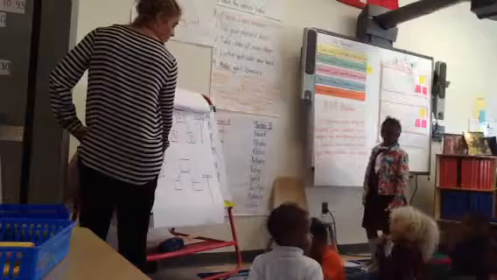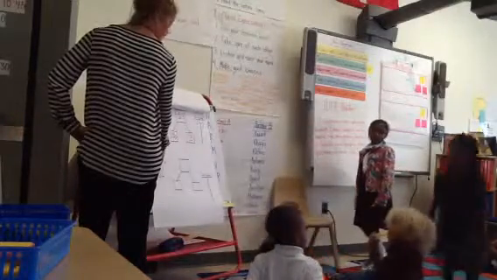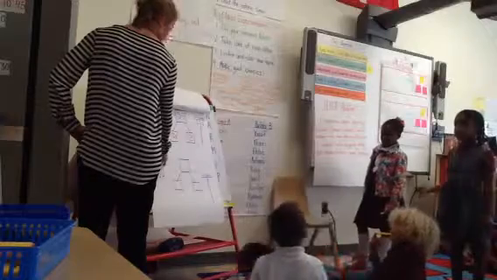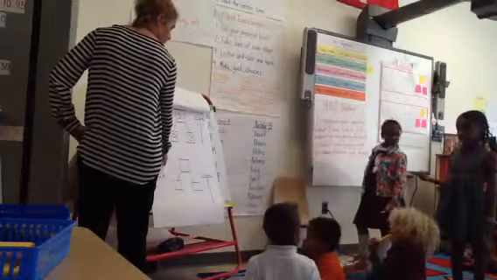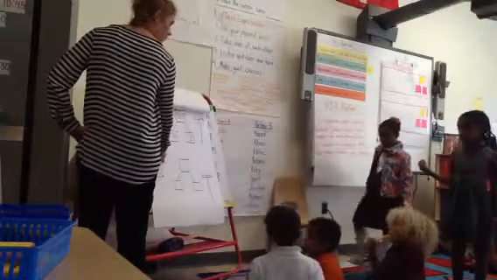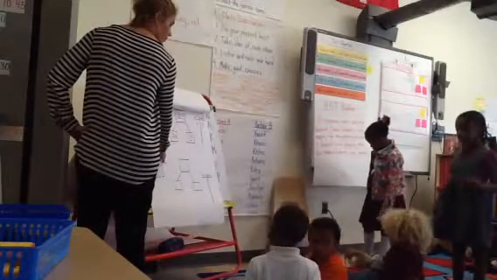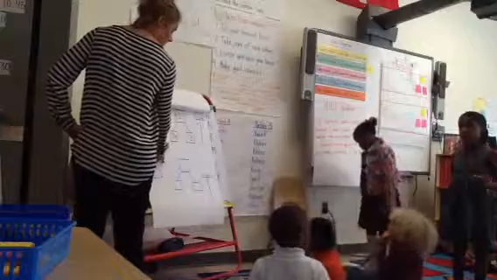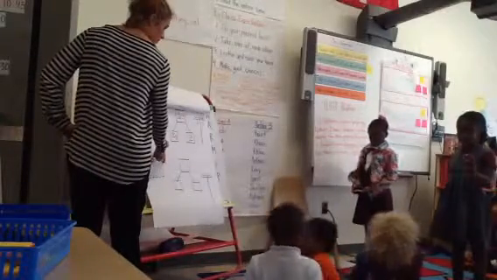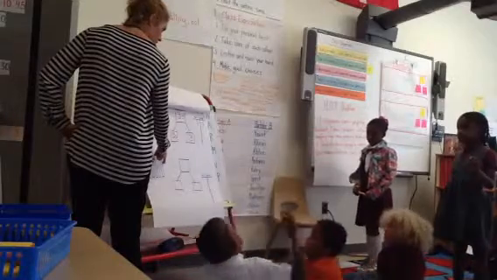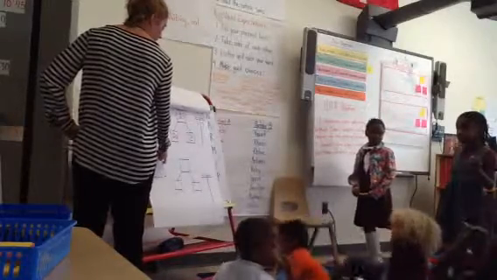Stand up, Nina. 50. Is this a 10 or a 1? So it's 50. What's the value of the 1 in your hand? What comes right after 50 when we're counting?